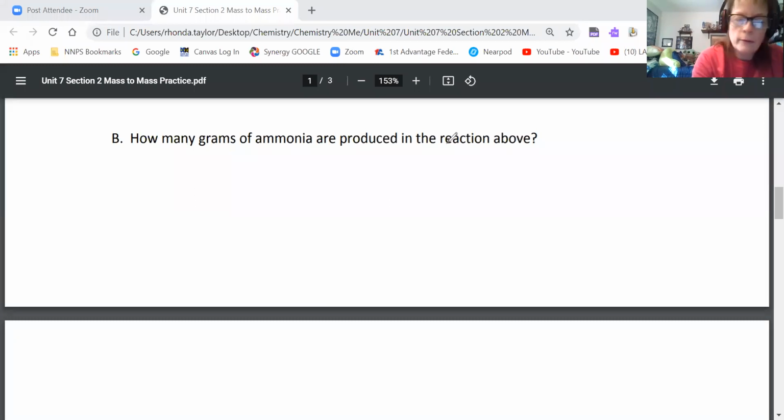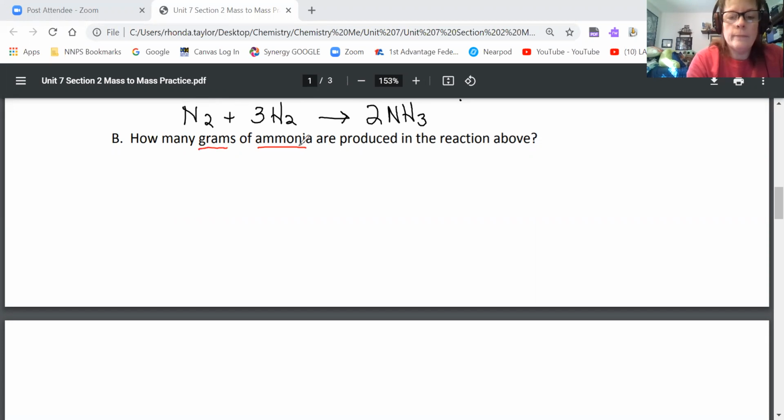All right, so our equation was N2 plus 3 moles of H2 equals 2 moles of NH3. Okay, so now they want to know how many grams of ammonia. Now, this was based on what you just calculated.